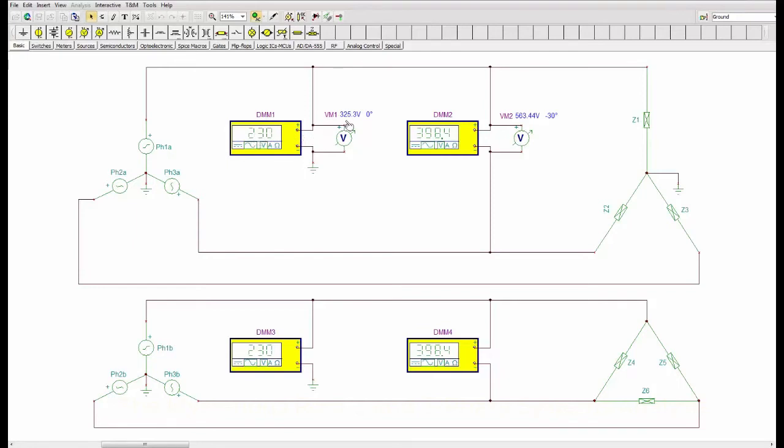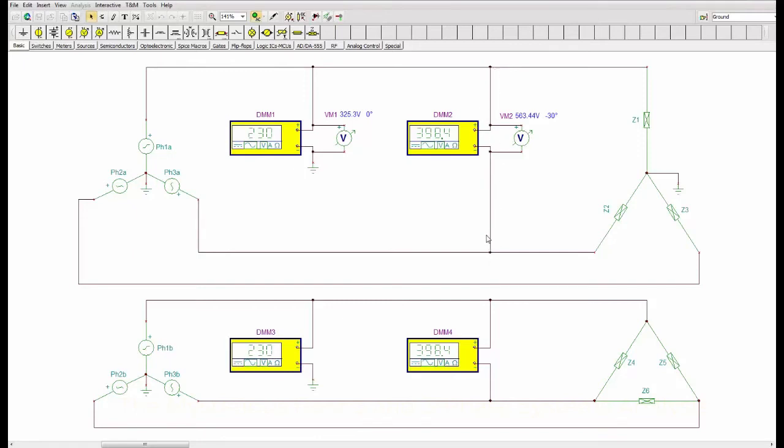Okay, what you'll notice here is that the analog meter is actually giving you a peak value, and we mentioned earlier 325 and a bit volts peak. Okay, that's the phase voltage. Now this meter is arranged from line to line, so this is giving us line voltage.